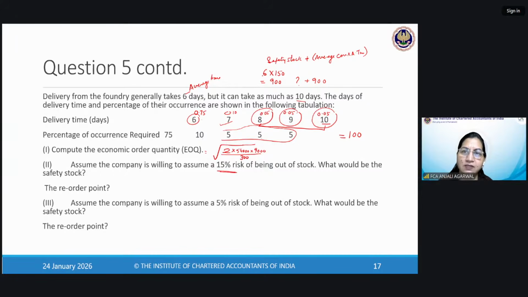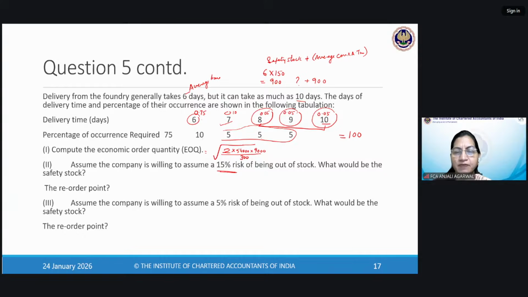Okay. 6 days is your normal consumption and normal delivery time. But if you want to take 15% risk, it means you are not ready for the 8th, 9th, and 10th day, but you are ready if delivery takes 7 days. In this question, there is no variation in the consumption. Consumption is 150.